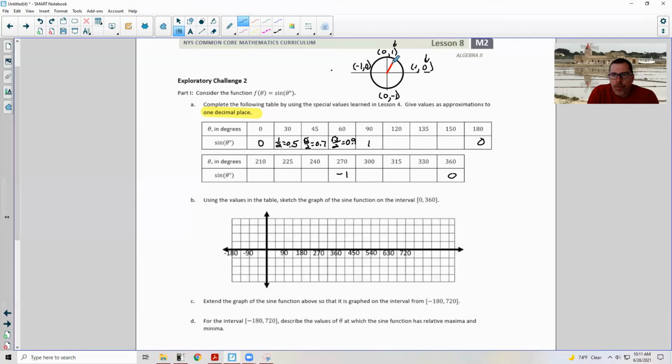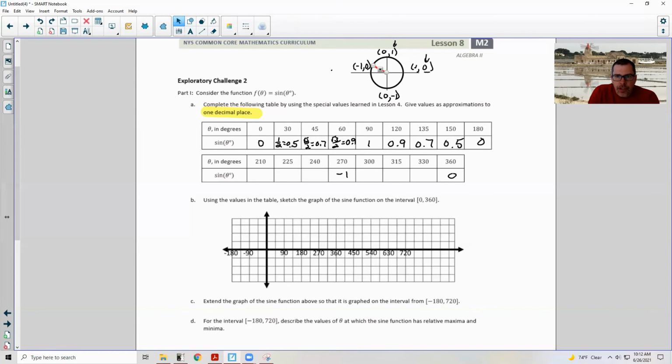Now picture this, if we're going to go to 120 degrees, there's 90, and 120 is 30 degrees more. So now we're here, which would be the same height as the last thing we just did. And now they repeat. So now it's just 0.9 and then 0.7 and then 0.5 and back down to 0.